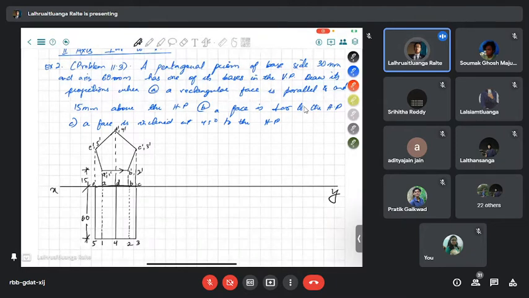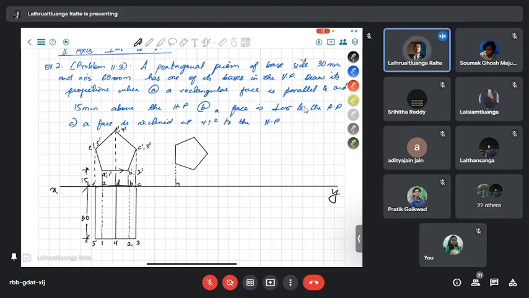So perpendicular to the HP means we can start off by making one line perpendicular to the HP and proceed.